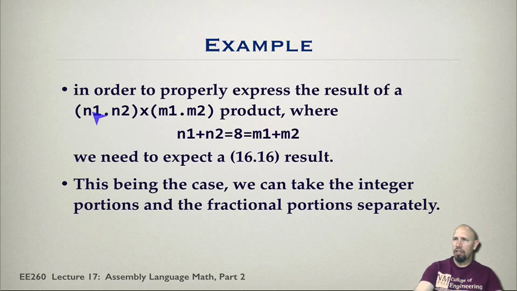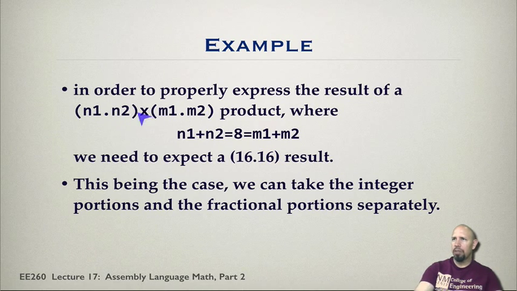The fixed point with n1 to the left, n2 to the right, m1 to the left, m2 to the right. To express this type of product, where n1 and n2 is a total of 8 bits, and m1 and m2 is a total of 8 bits, we generally need to expect a 16 by 16 result.